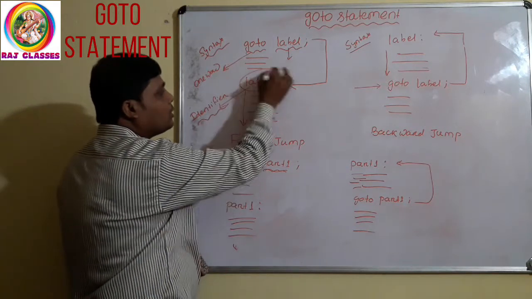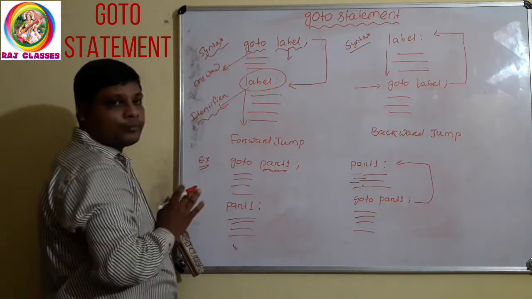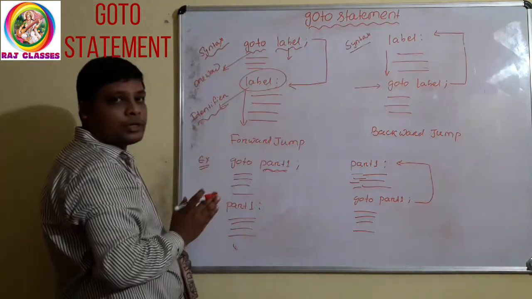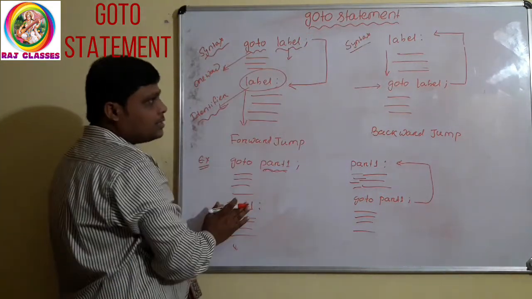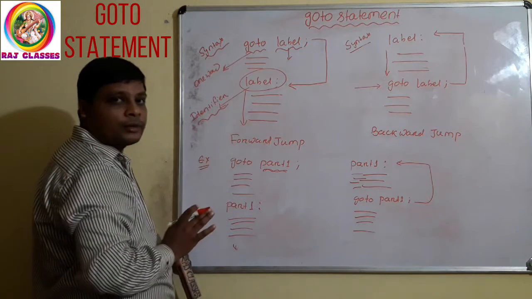So you can place the label anywhere in the program. There will be no problem. Maybe before the goto statement or after the goto statement. Clear? This is all about the goto statement.